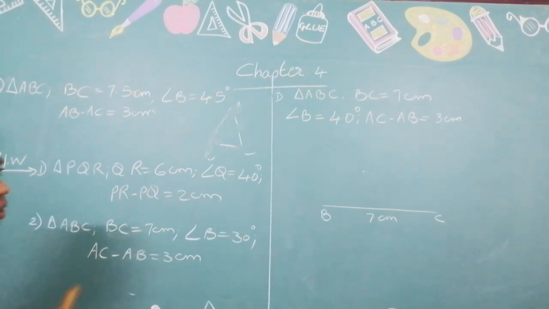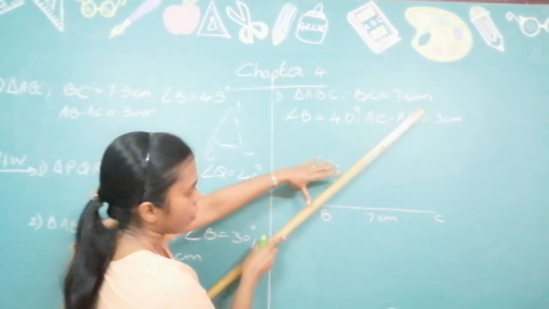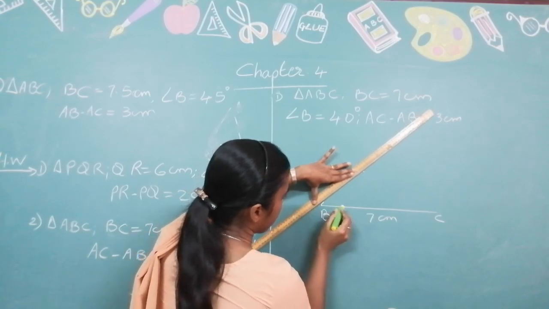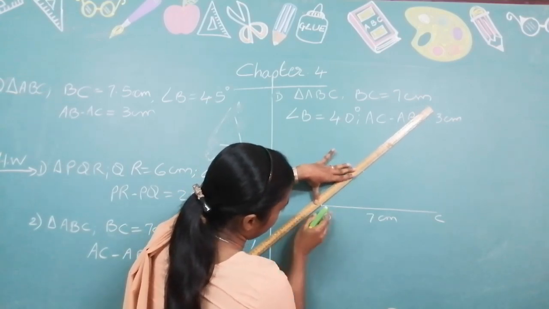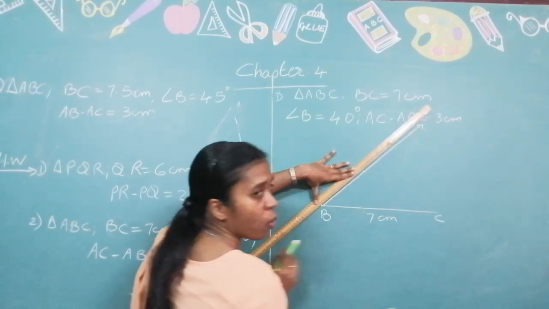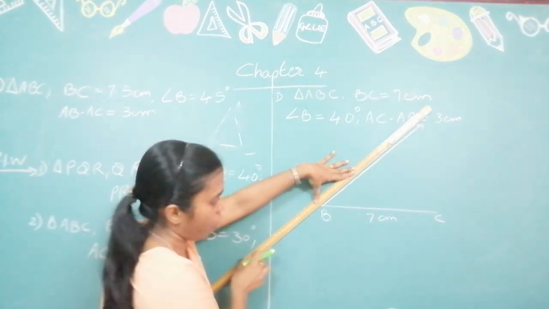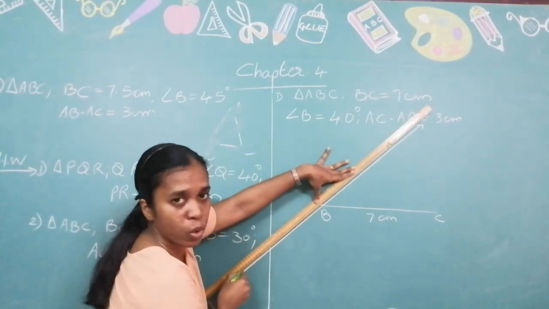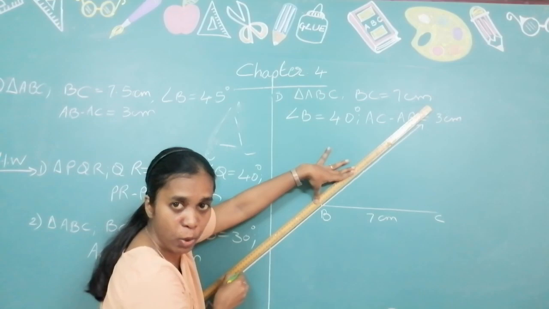Now when you are drawing this angle, what did we do in the previous case? We draw the ray from here, isn't it? Now, not only above, we have to extend it below also. We have to extend it below.